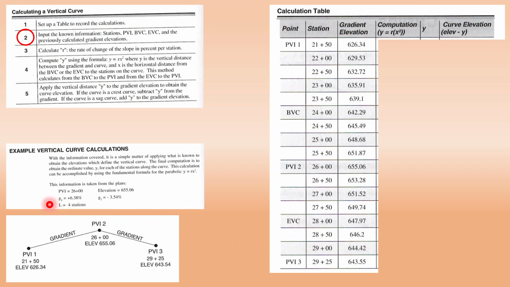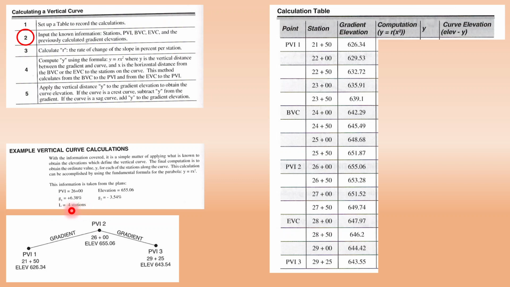And we were told that this curve, its PVI is 26 plus a pair, and it has an L of 4 stations. And think about what that means, right? If this is a symmetrical curve, that tells us the beginning of the vertical curve occurs 2 stations before the PVI.